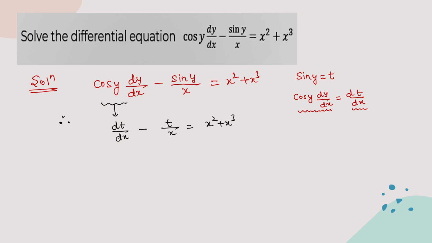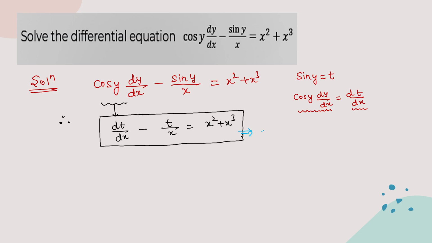I think I told you about this also, that they can use any variable, not only y and x. So in this case, what is the different variable? T. So this equation is in terms of x, and the derivative of t with respect to x has been taken in this part.